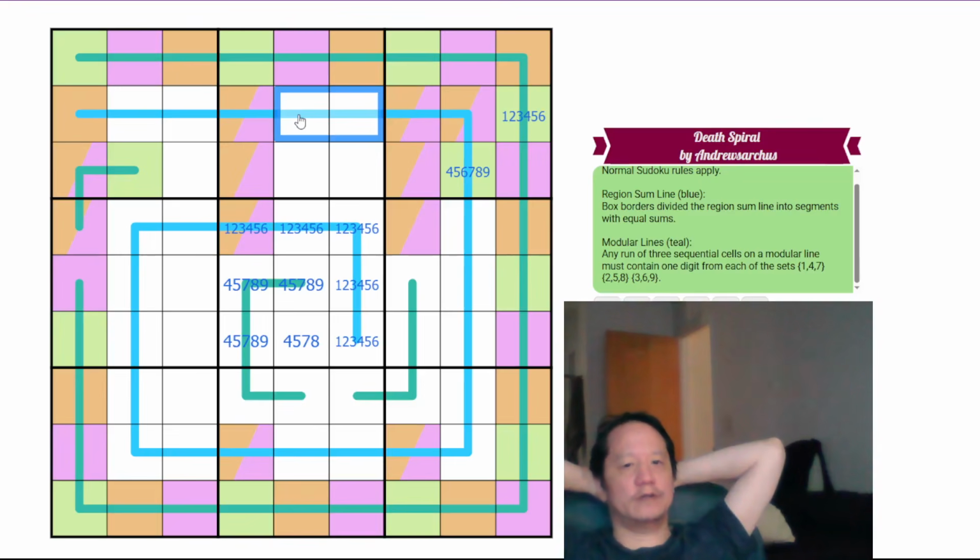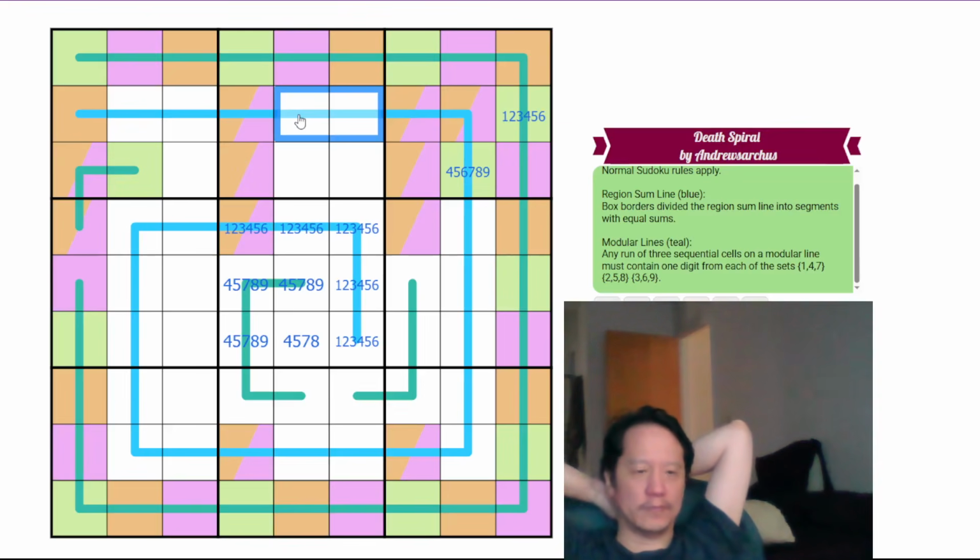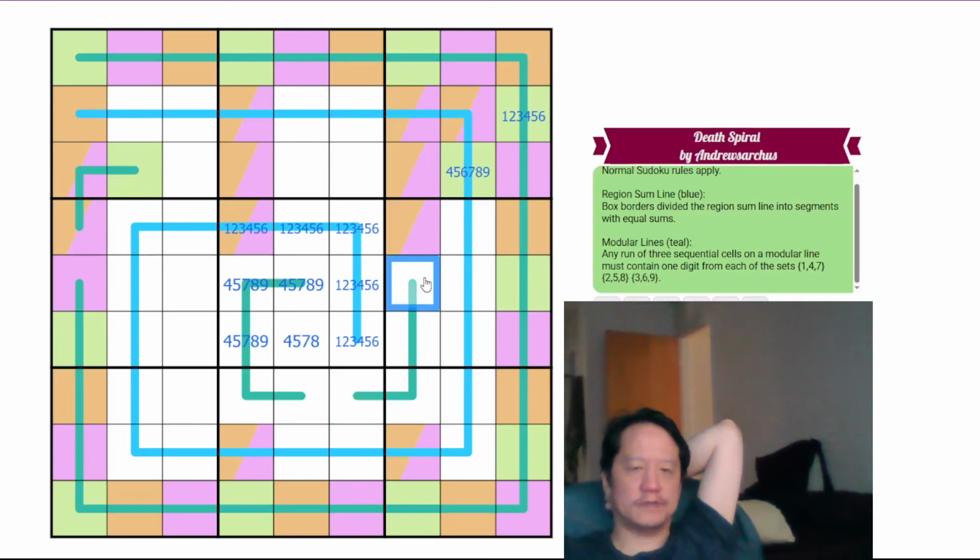Okay. Hmm. This is the same as that. Does that tell us anything? Not particularly. One of these could be orange, so we cannot eliminate orange from both.